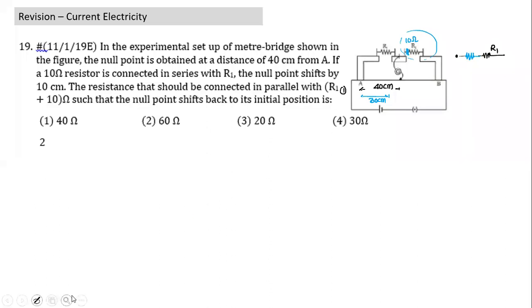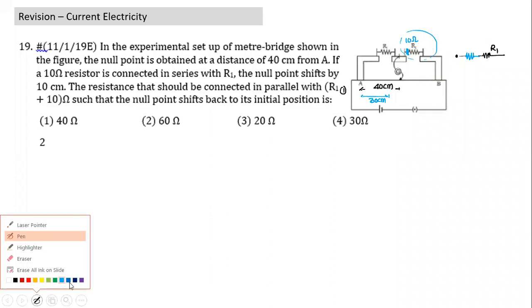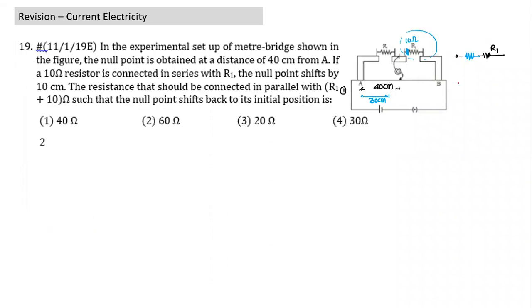The third part is asking, what should I connect in parallel to both? The third resistance R is connected like this, such that the null point shifts back to its original position.